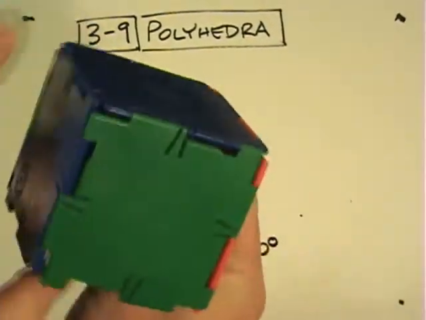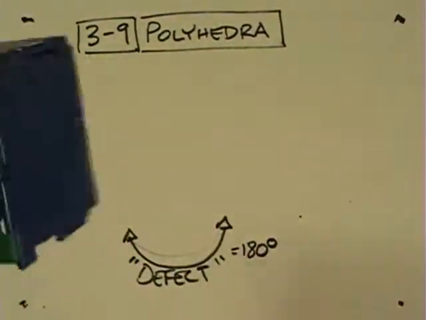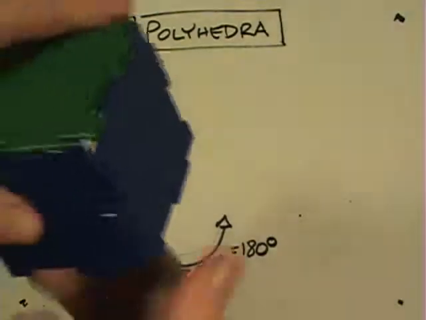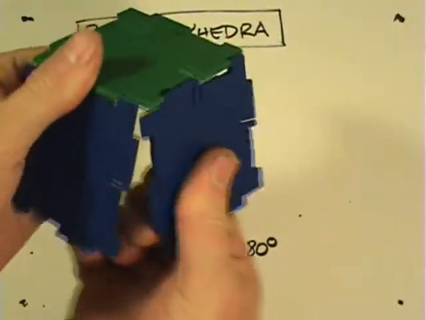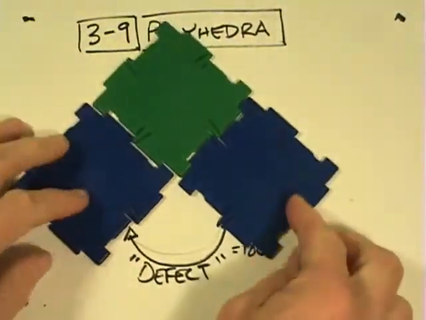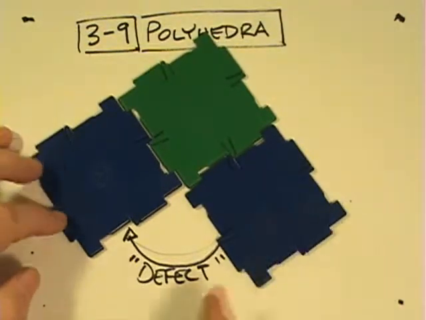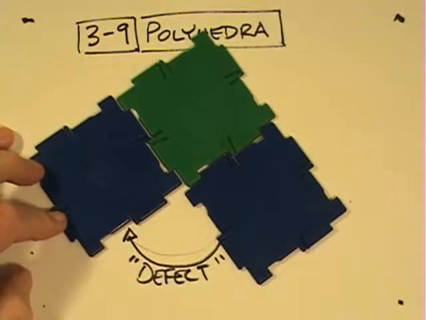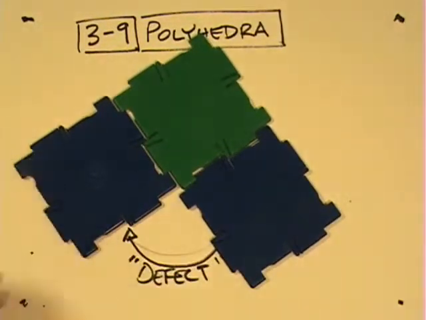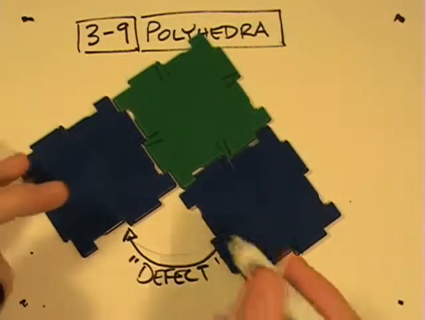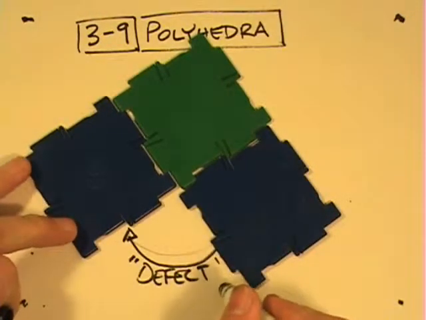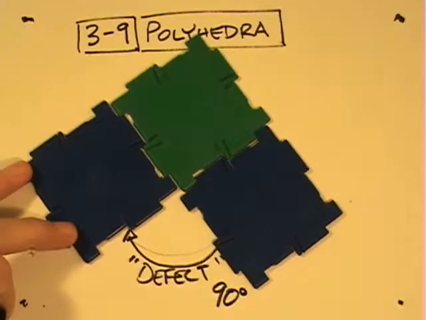If I just look at this corner here and I bust out the other ones. Okay, so here's my one vertex. If I open this up and lay it flat, now you can see that with 4 squares, my defect angle is going to be, wait for it, 90 degrees. All right, so that'll be a 90-degree defect angle.